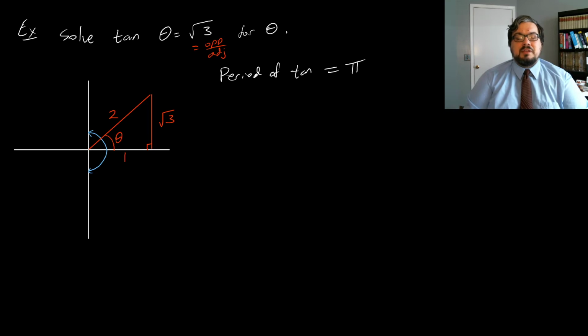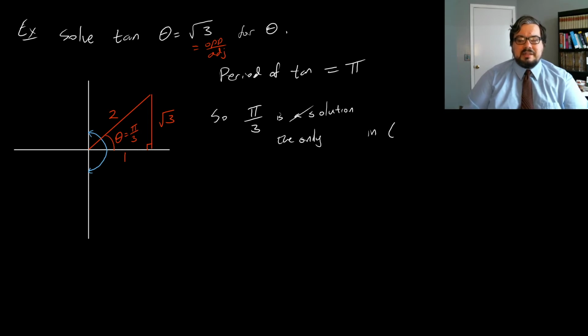The hypotenuse here is going to be 2, and again we recognize this triangle. This is a triangle with inside angle measures of pi over 6 and pi over 3. Because theta is opposite the square root of 3 side, it has the larger angle, because square root of 3 is greater than 1. Therefore, theta is going to be pi over 3. So, we get that pi over 3 is a solution, or we can be even more precise, it is the only solution in the interval from negative pi over 2 to pi over 2.